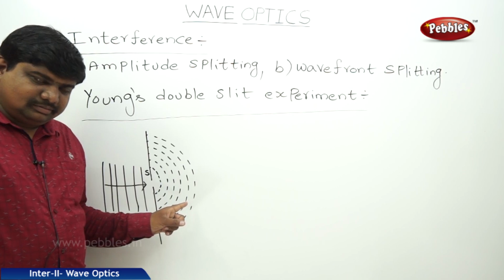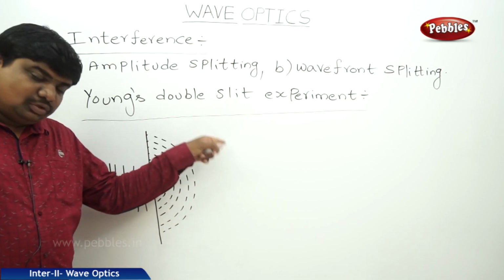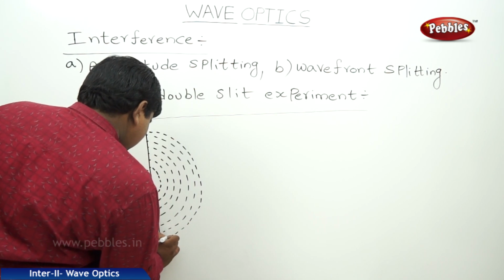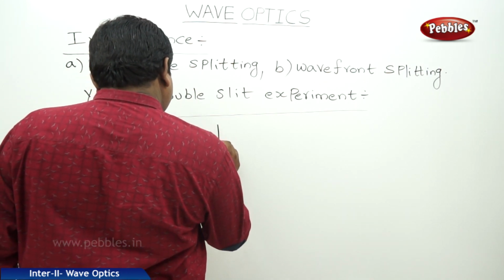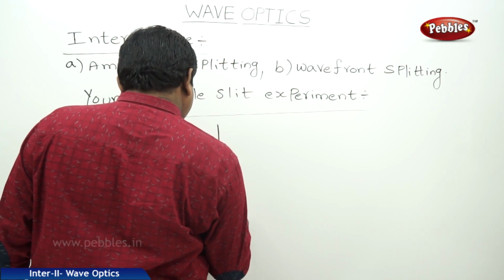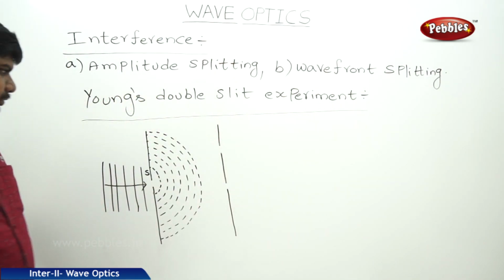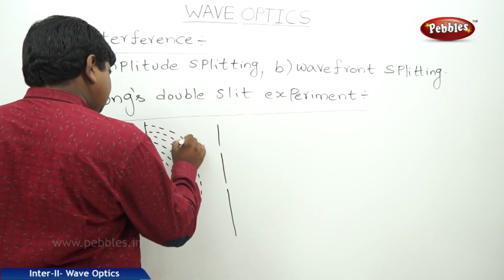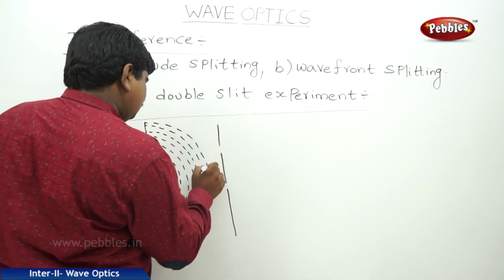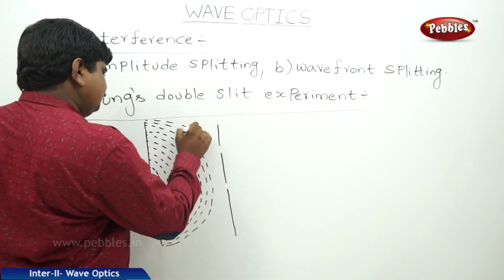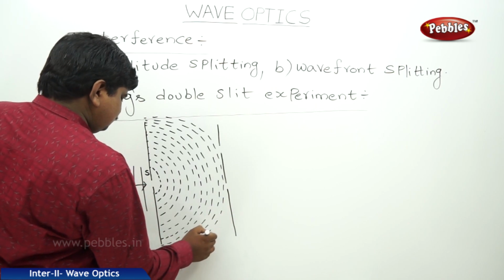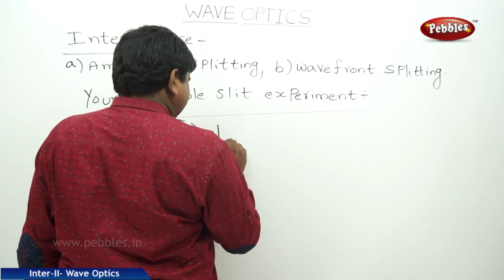Whenever this split light passes like this near two other small slits, it will be split again.